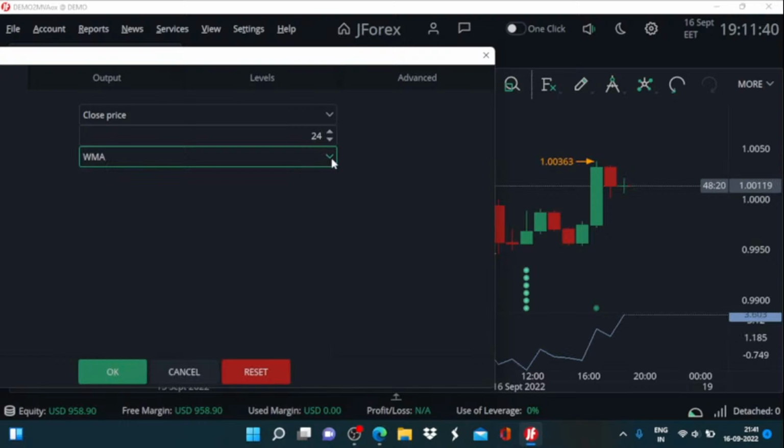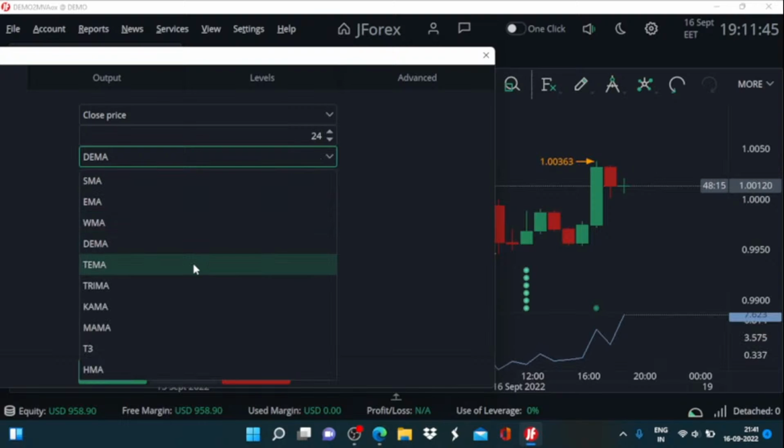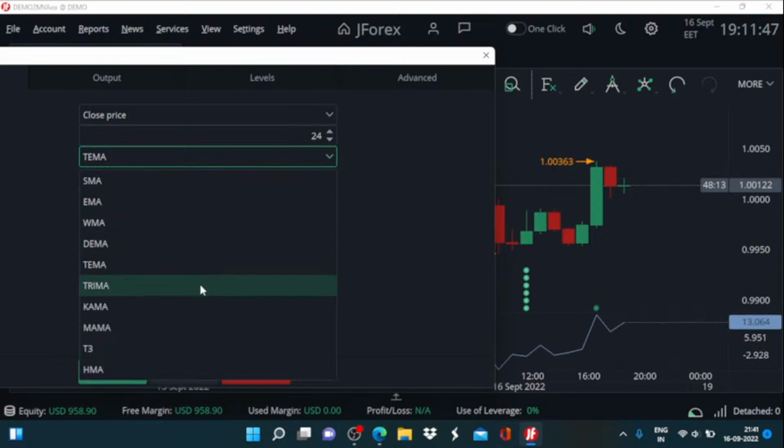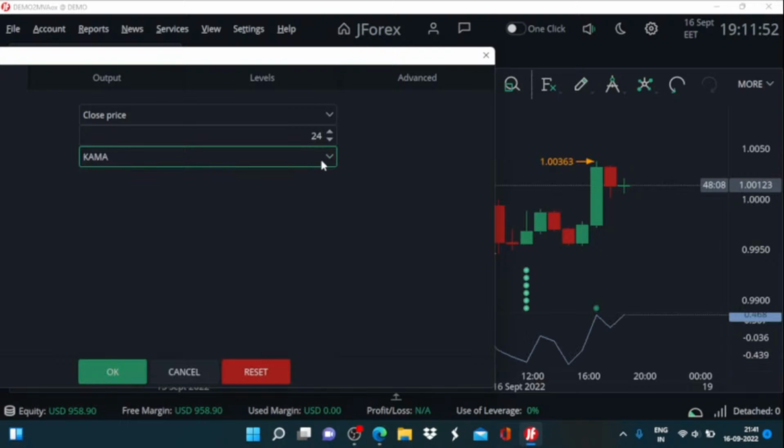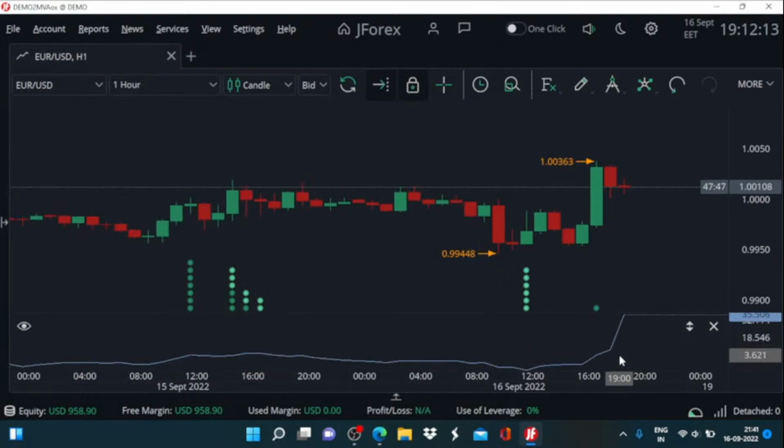Depending on what kind of moving average you use, you will always have some changes in the plotting of the indicator's output: TRIMA, KAMA, MAMA, T3, and HMA. All these moving averages have varied responses to the price action data, and accordingly that affects the output of the force index.